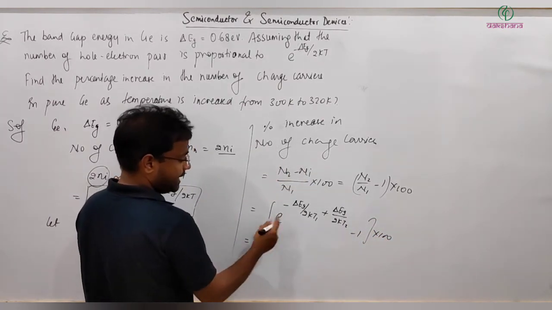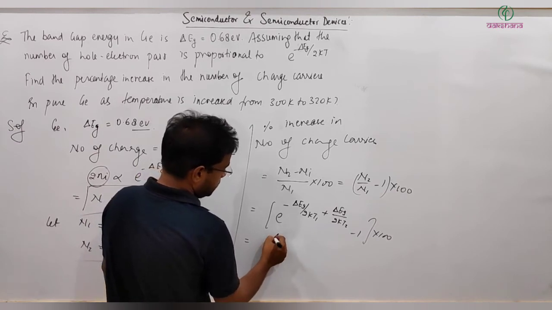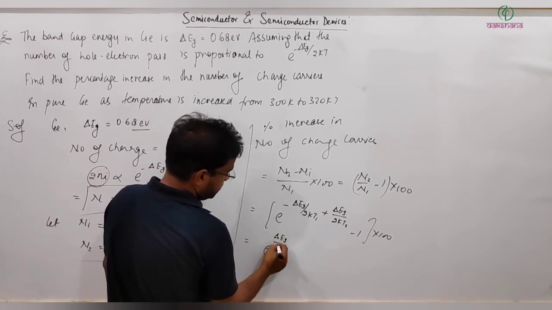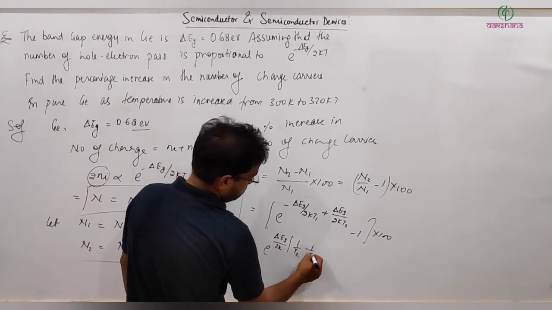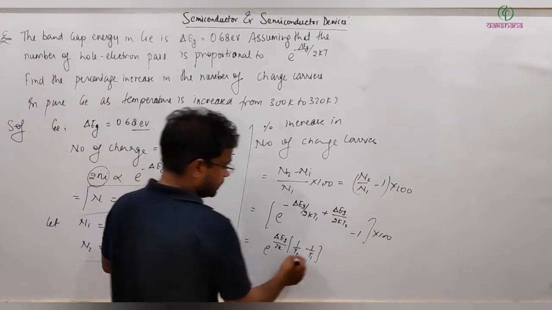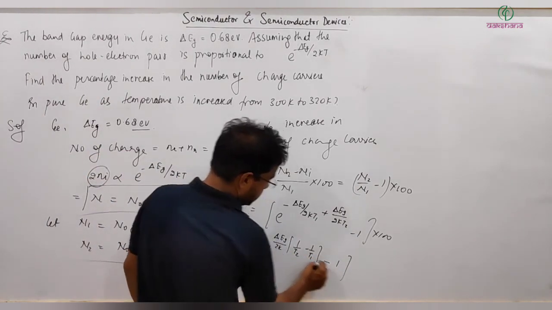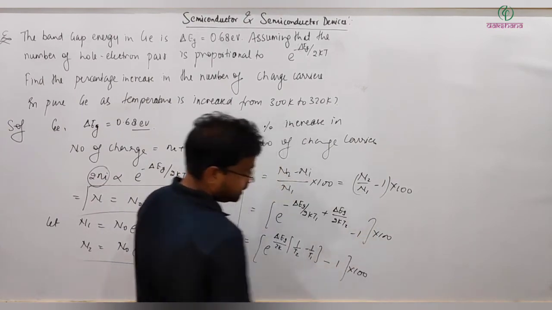This is also equal to e raised to power delta Eg divided by 2k, into 1 by T2 minus 1 by T1, minus 1, into 100.